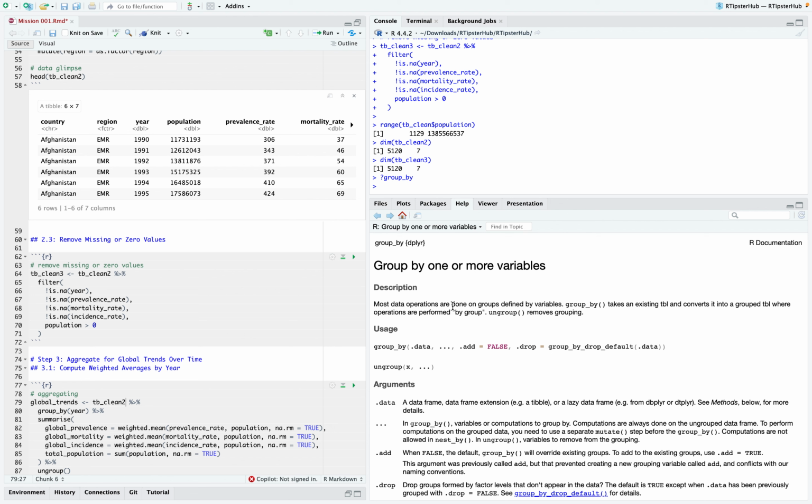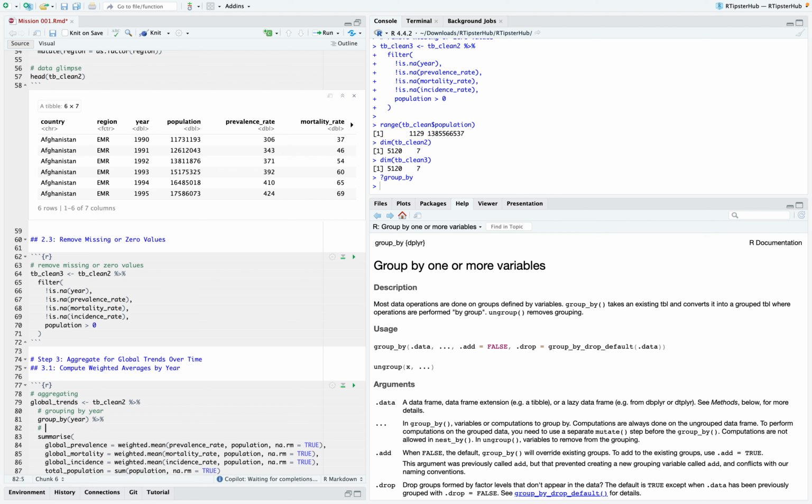Group by takes an existing tbl, a table or data frame, and converts it into a grouped table where operations are performed by group. Okay, so we are taking tbclean2 and grouping it by year, into subsections. So 1990, here are your values, 1991, here are your values, like that. We can just add a comment here and say grouping by year.